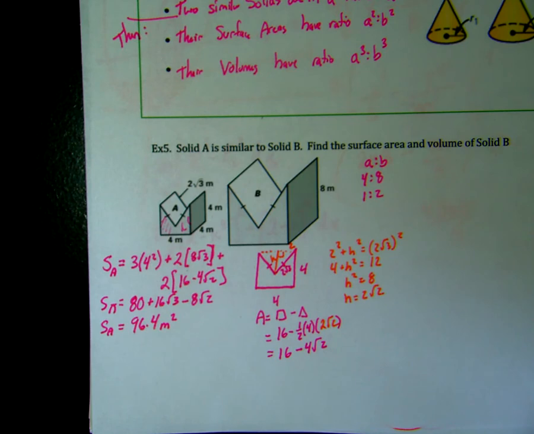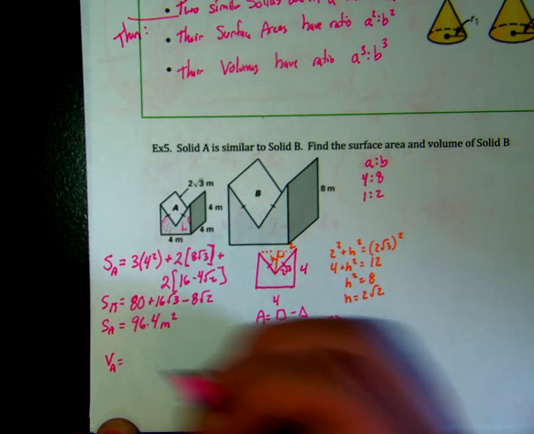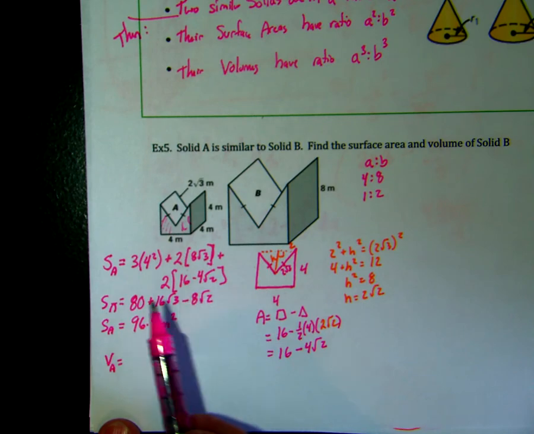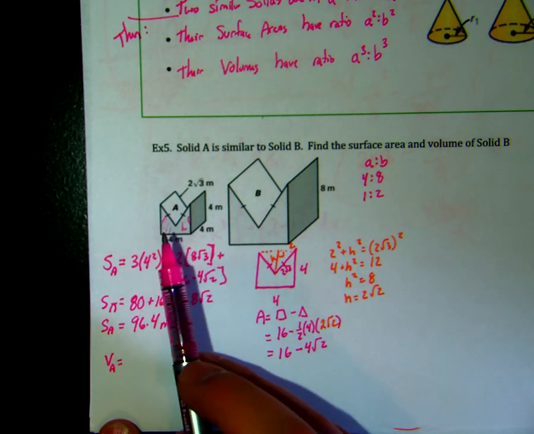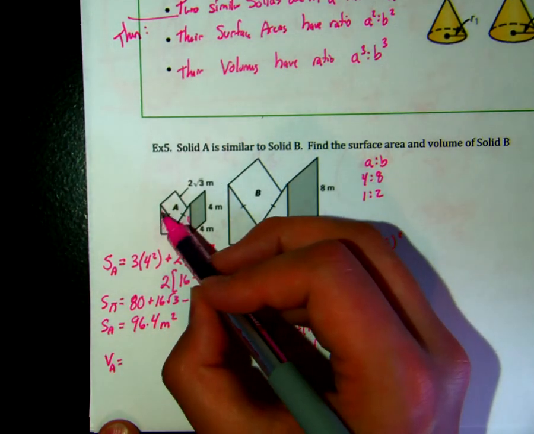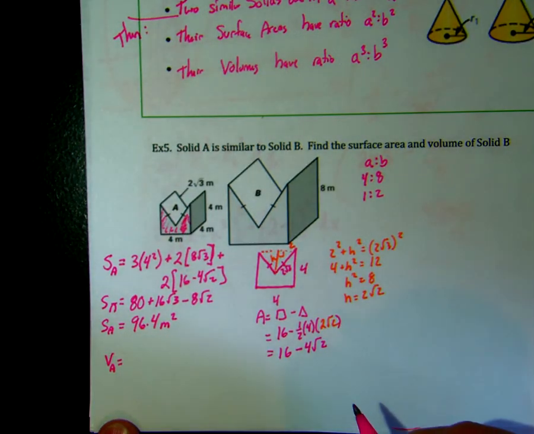Luckily, volume, even though it's a higher dimension, is actually a lot easier than surface area. We have to find the volume of a prism. This is a weird 1, 2, 3, 4, 5 pentagonal prism, where this thing that I started to shade in here in pink is the base. So the volume is literally just the base times the height.